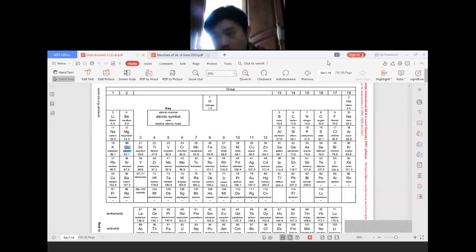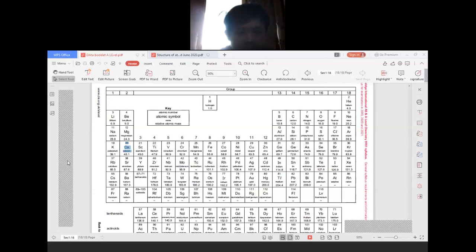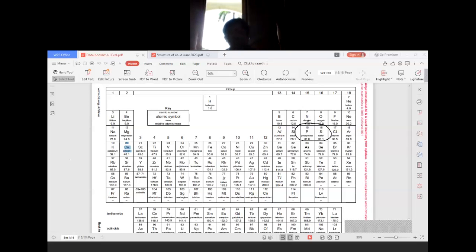P and S are in group 5 and group 6. So there is a decrease.